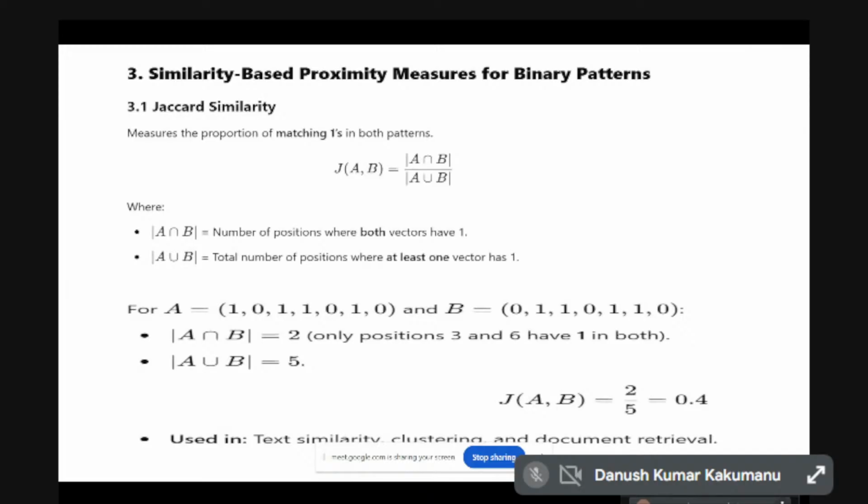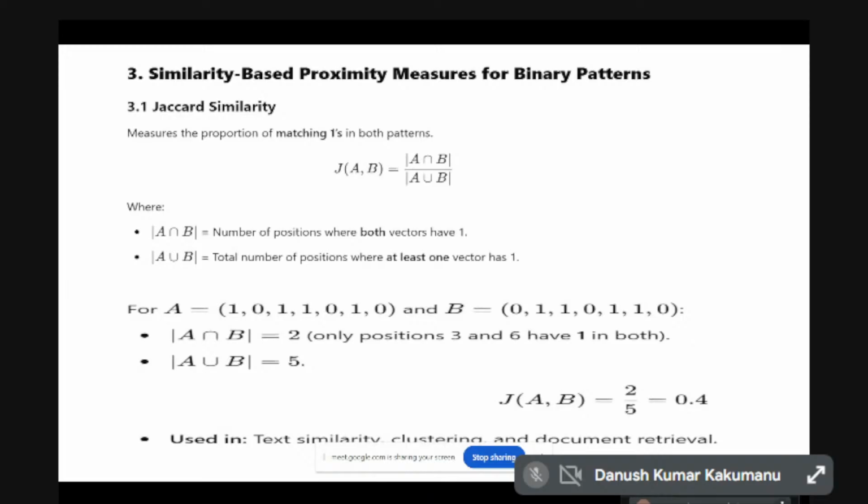A intersection B is the number of positions where both vectors have one. Here we calculate the matching proportions of one.